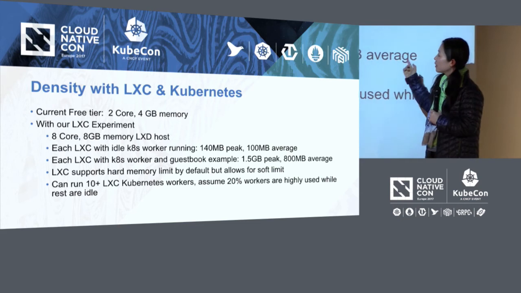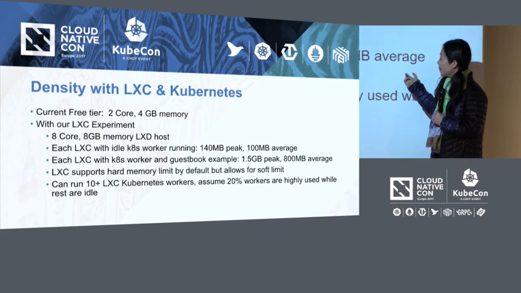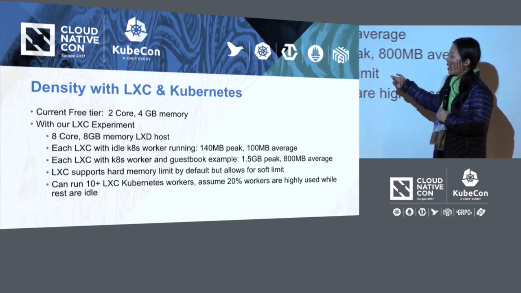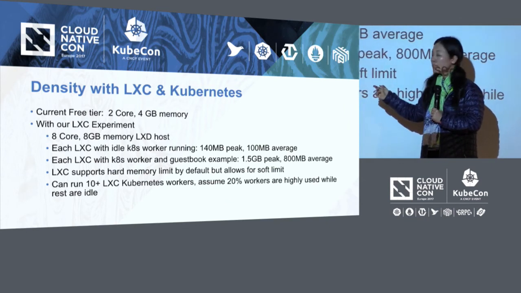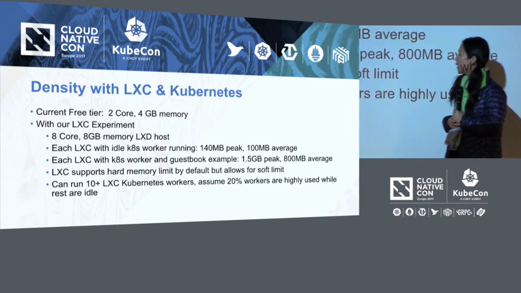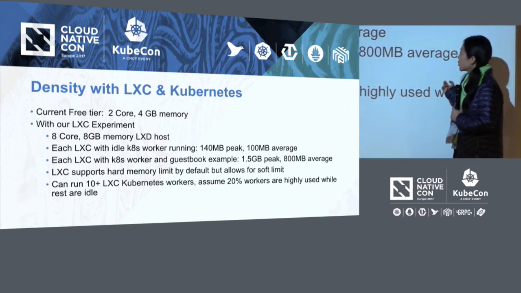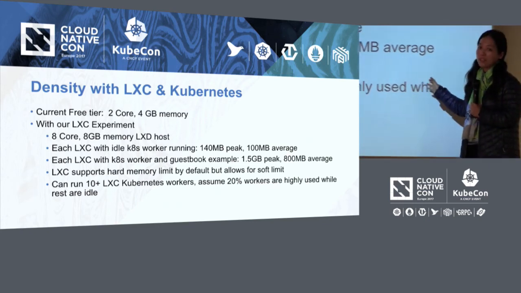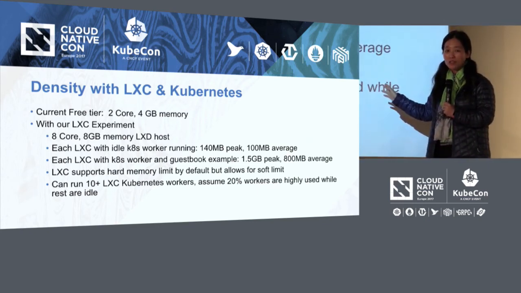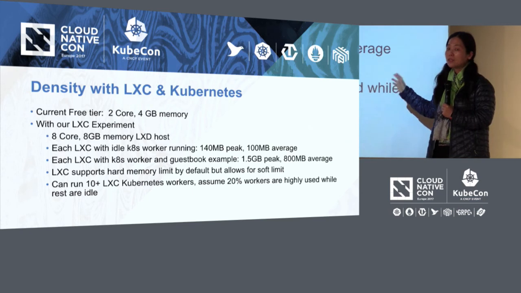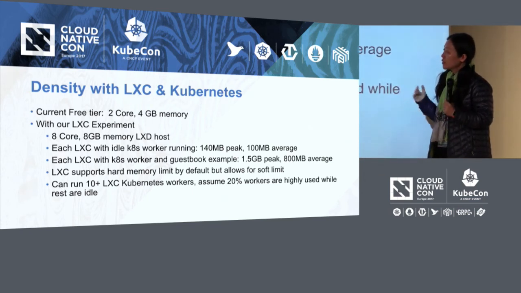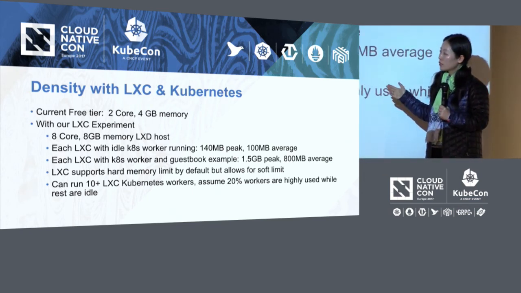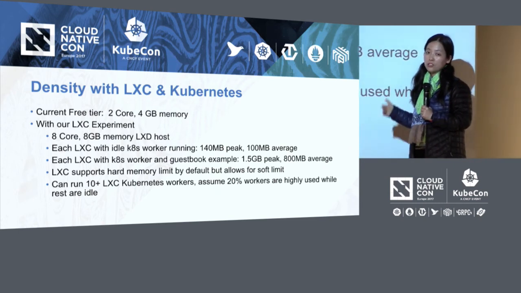So it does take a little bit more memory, but at peak time, which happens about when you deploy guestbook, it's about 1.5 gig of memory consumption, but on average I've seen it down to like 300 to 800 meg. So it's a good example that you can show it's running, but not consume a huge load of memory.